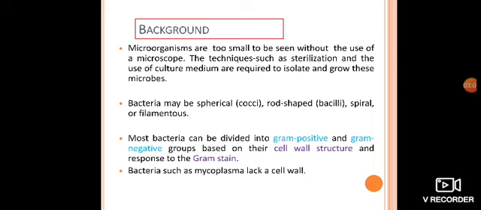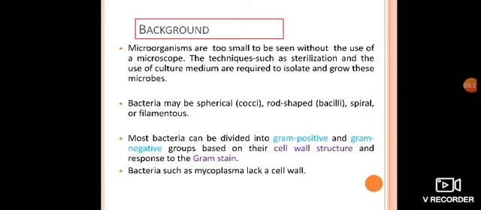By staining we identify the bacteria, and after staining, those microorganisms show different colors.